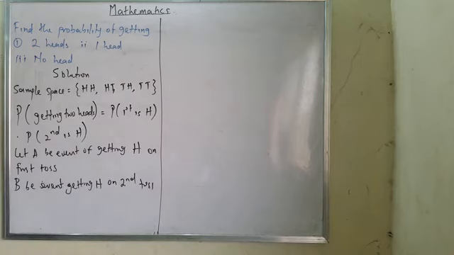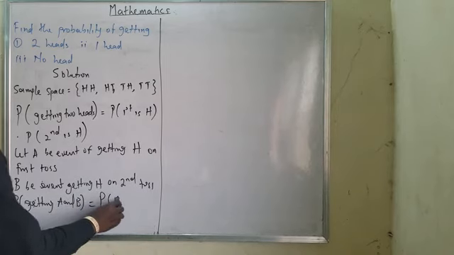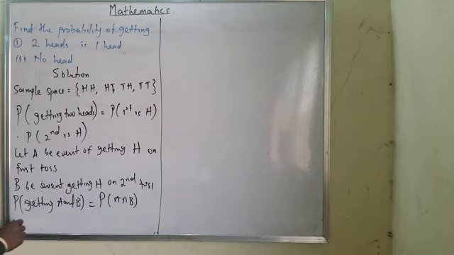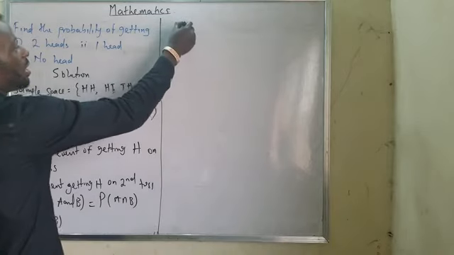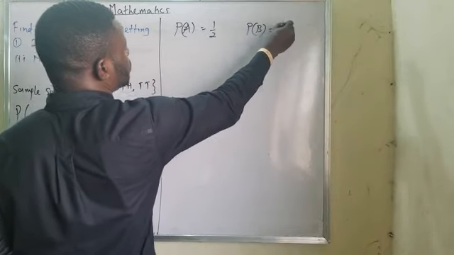Now it means the probability of getting heads on both will be equal to the probability of A and B, which is also equal to the probability of A multiplied by the probability of B. We all know that the probability of A equals 1 over 2, and the probability of B equals 1 over 2.